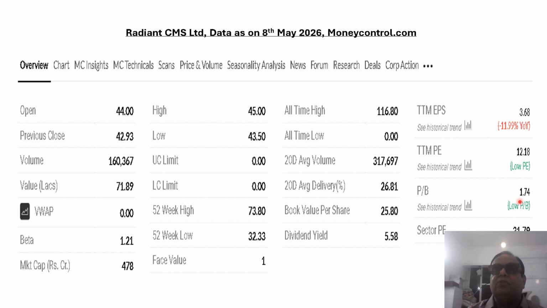Similarly, price to book value, 1.74, means one is the book value, that is the net asset value, and price is as usual the numerator. So for 1 unit of asset value, the market is going to pay 1.74 times. And similarly, the sector, meaning industry P/E, is giving almost, it's not so visible, but let's say 22.